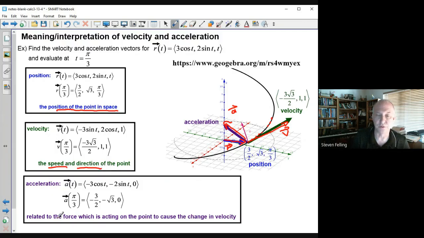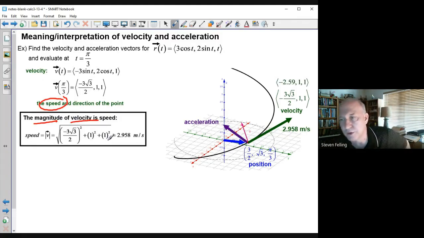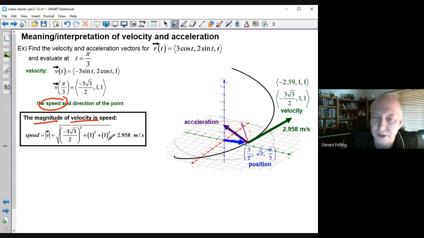And then the acceleration is related to the force that's acting on the point to cause the change in velocity. All right. So we'll define speed now specifically as the magnitude of the velocity vector. I think we imprecisely called the speed the velocity back in brief calculus, but now we know velocity is actually a vector because it has a direction as well as length.